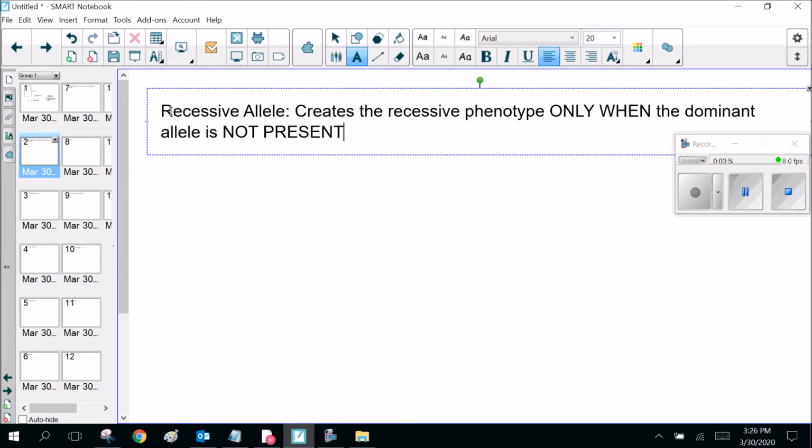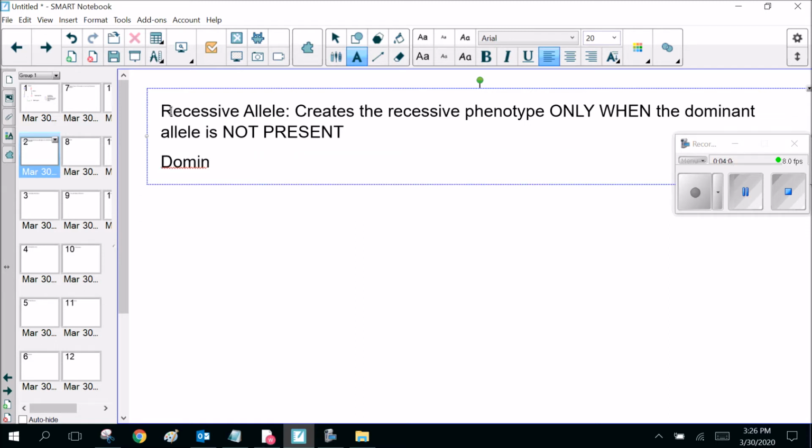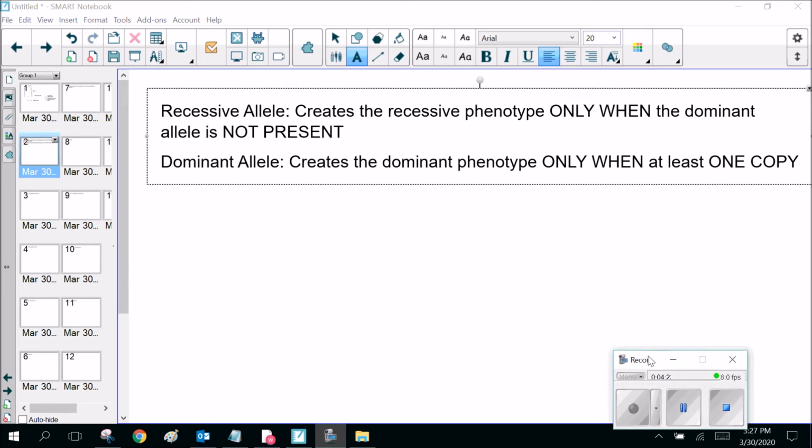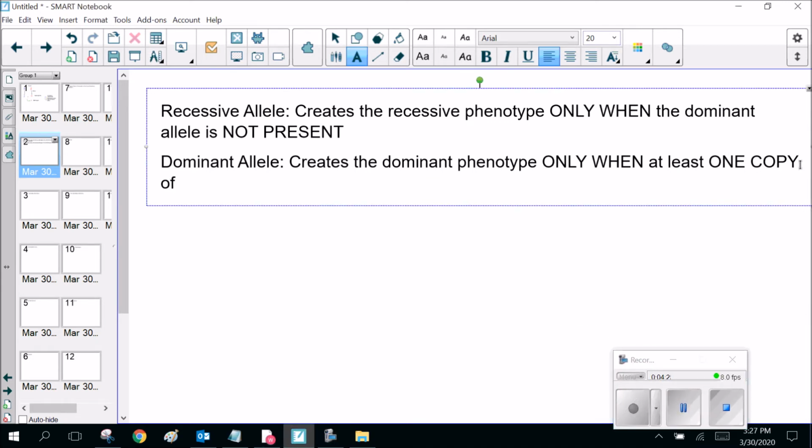In other words, they haven't gotten that dominant allele from either dad or mom. And then the dominant allele creates the dominant phenotype when at least one copy of the dominant allele is present.